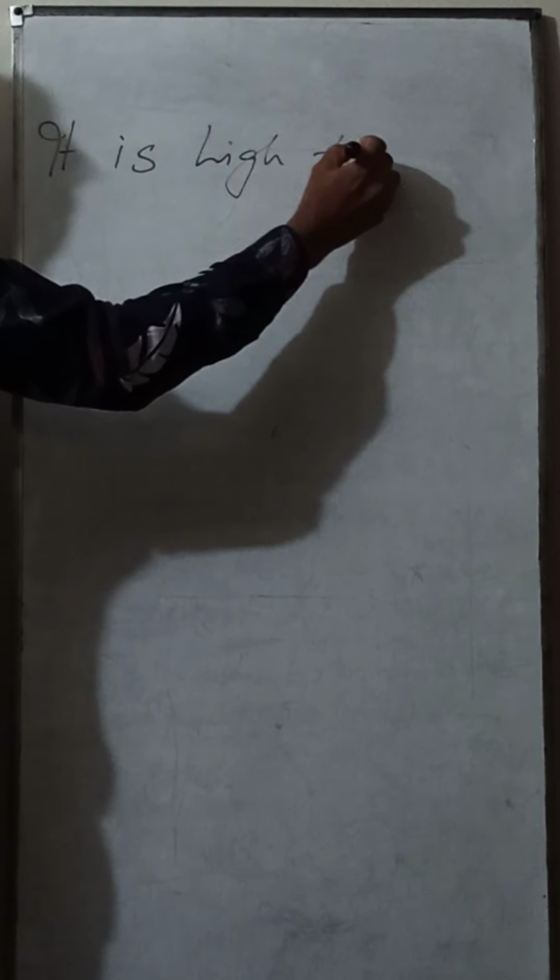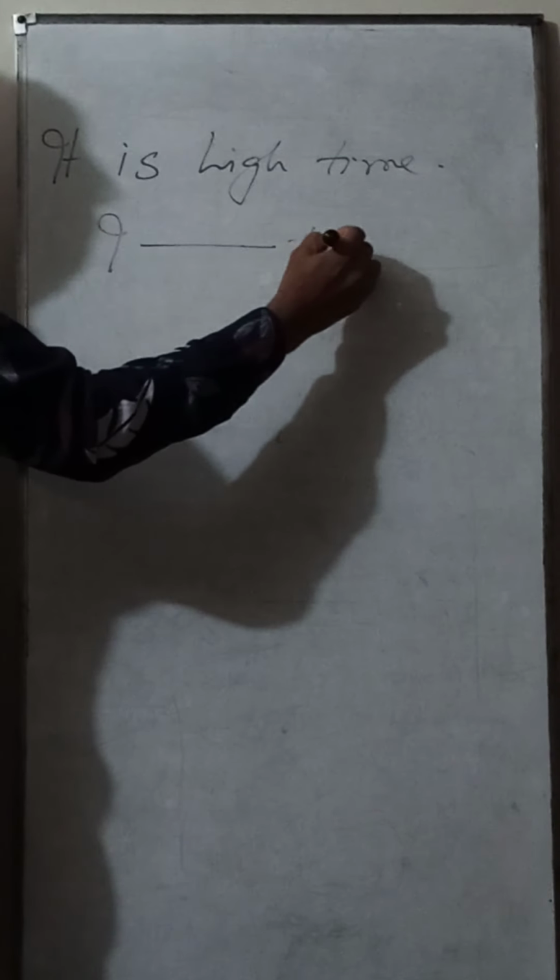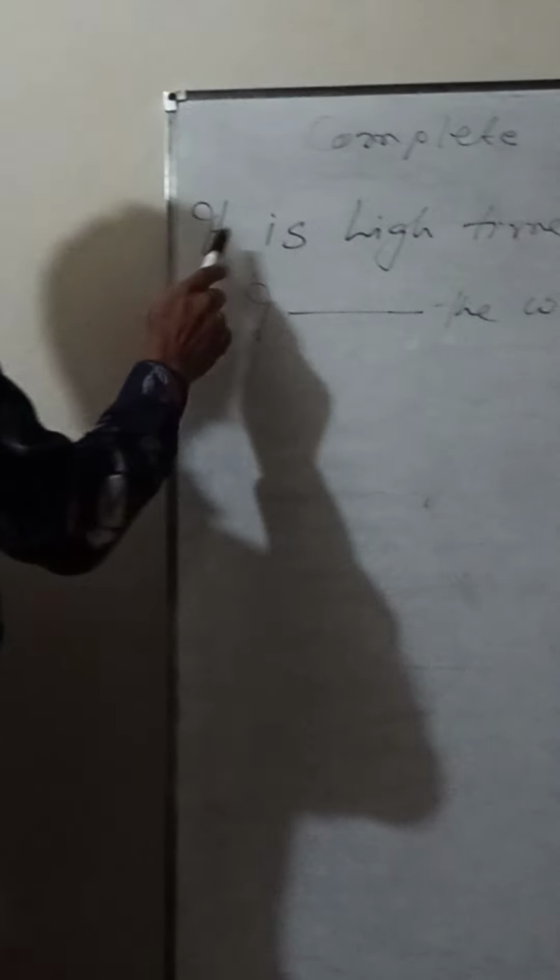Now I am showing another structure. If you find it is high time, it is high time, I dash the work, complete. And I have taken a class about the structure, and if you find it is high time, the verb of the second part will be V2, always V2.